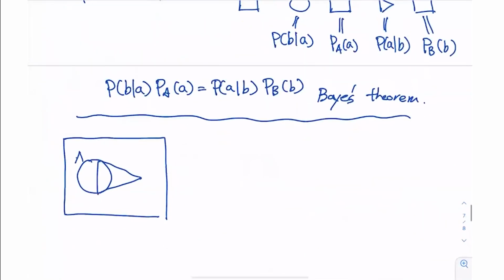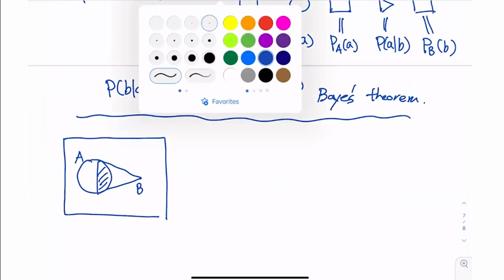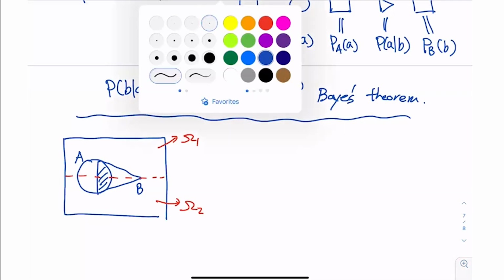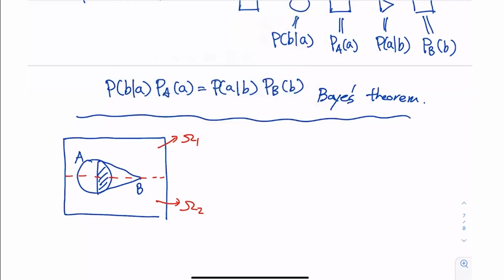Okay, this is A, and this is B, and this is the intersection of them. But now we can try to divide our event space into two parts. One is called omega 1, and the other is called omega 2. Okay, and this dividing of the event space into different pieces is quite arbitrary. I'm just trying to use the simplest example to illustrate the extended Bayes theorem.